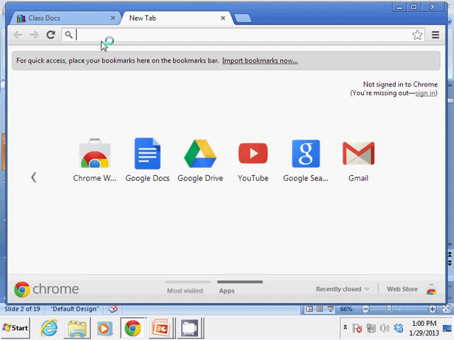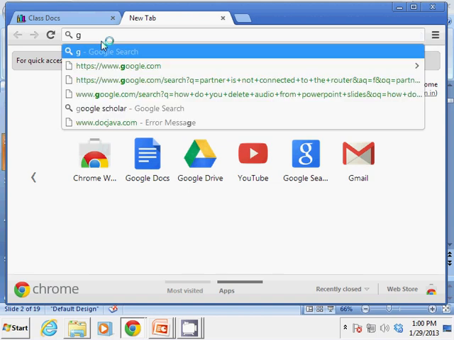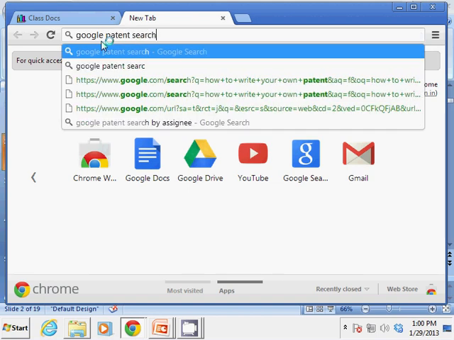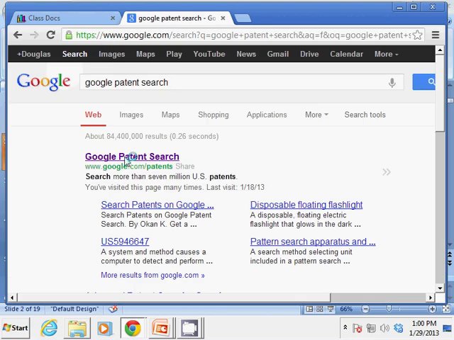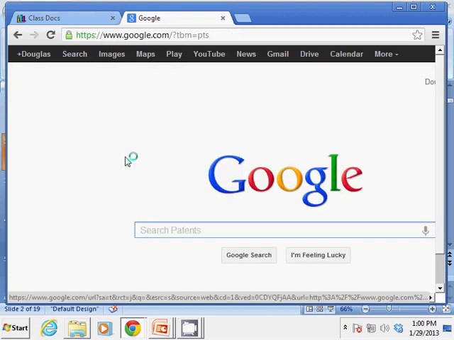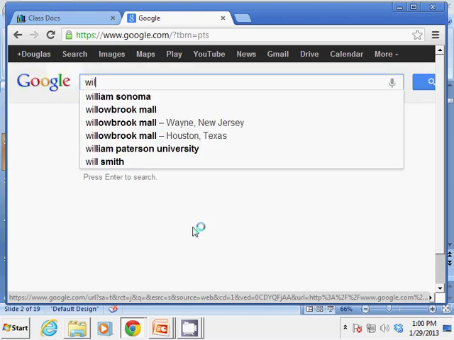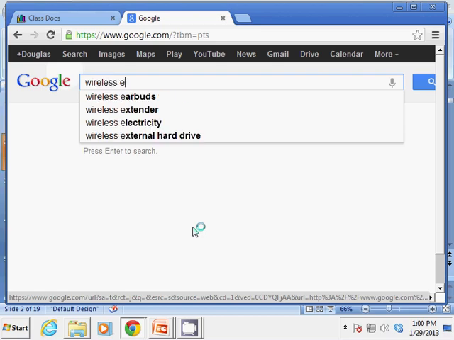If you go to Google and you do a Google patent search, here's Google Patents. So now I can do a very convenient, casual, basic search. Someone said, I want wireless electricity.